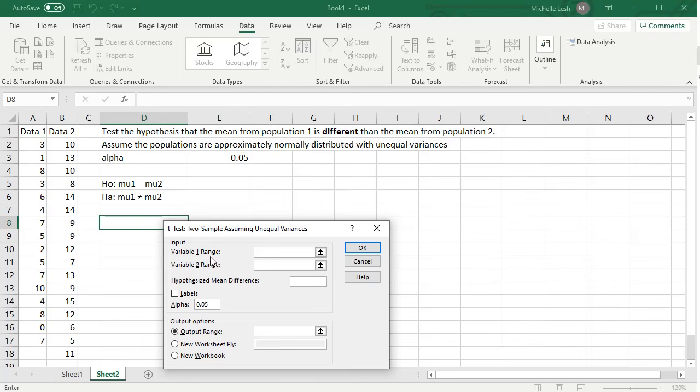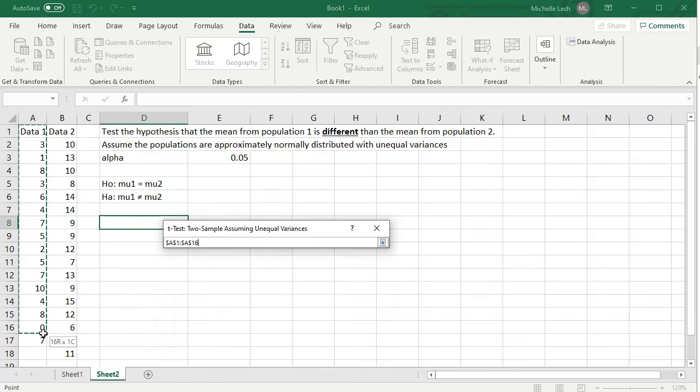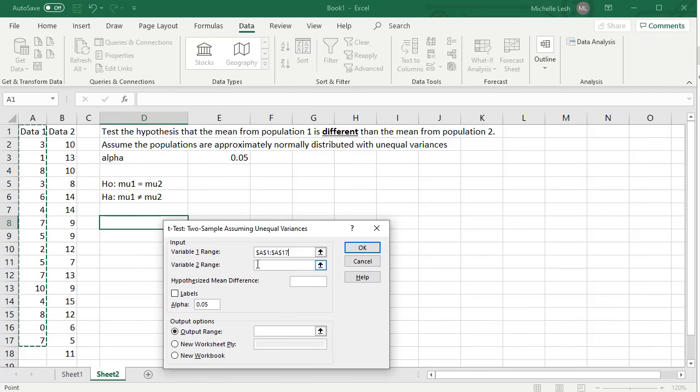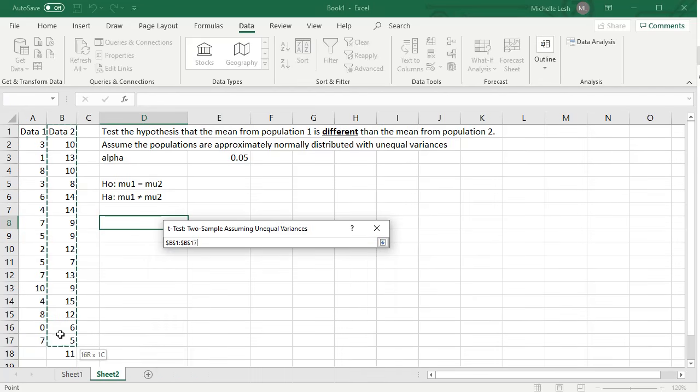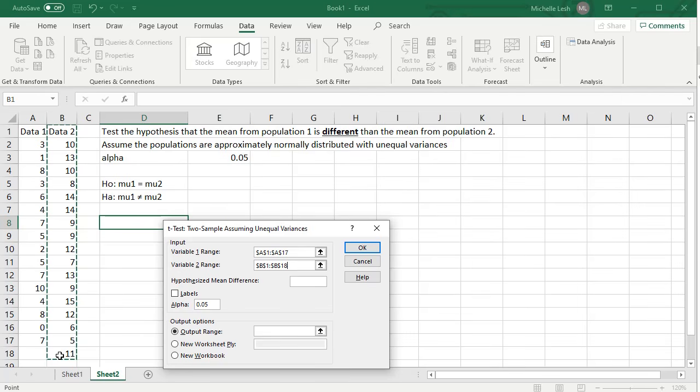Variable 1 range: click, hold, let go. Variable 2 range: click, hold your left clicker, drag down, then let go. Hypothesized mean difference: usually it's always going to be 0, unless you're interested in knowing whether the mean from one data set is a certain amount less than the other.